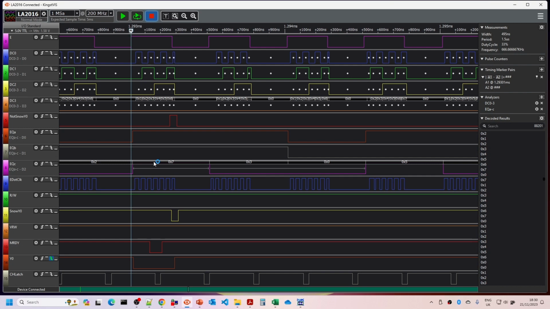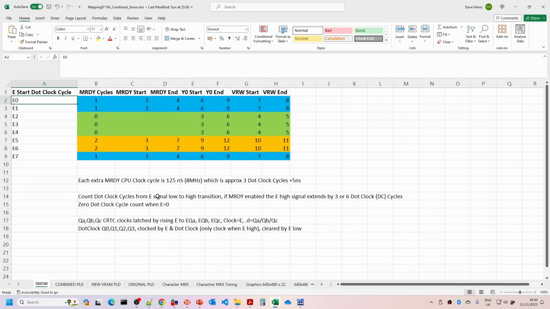And the actual numbers that we've got for this, if we look back at our spreadsheet here, we'd want MRDY to start at 3 and end at 4, and these other ones to start at 7, end at 8, start at 6, end at 9.